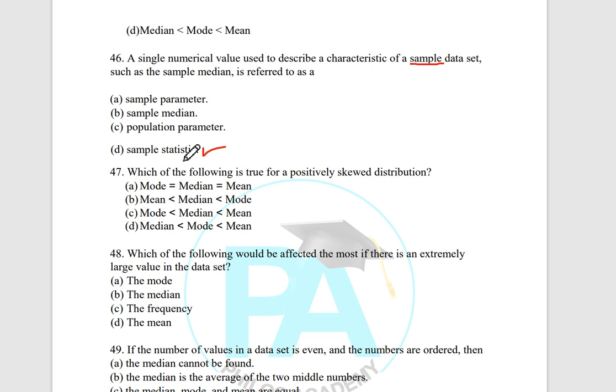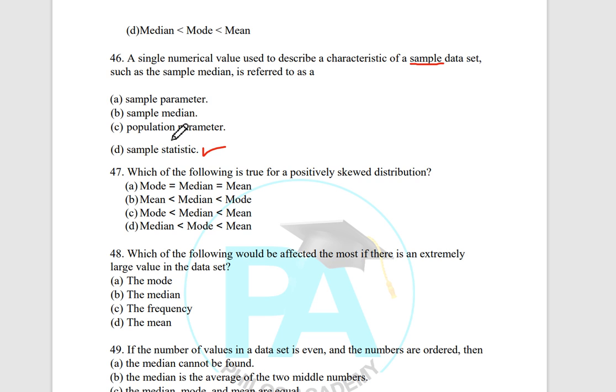No S at the end, sample statistic. The one we use to describe the characteristics of a population is the population parameter. For this particular question, the answer is D, sample statistic. If it's a population, it's population parameter. If it's a sample, it's sample statistic.